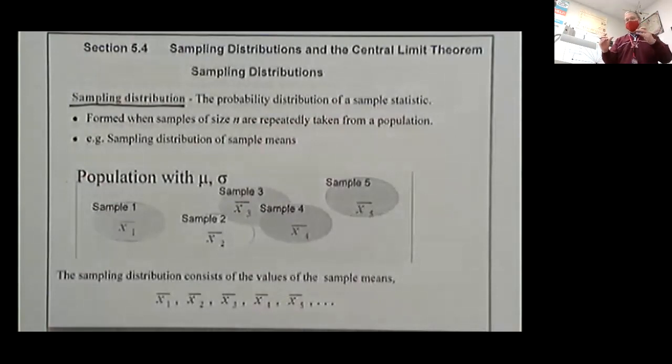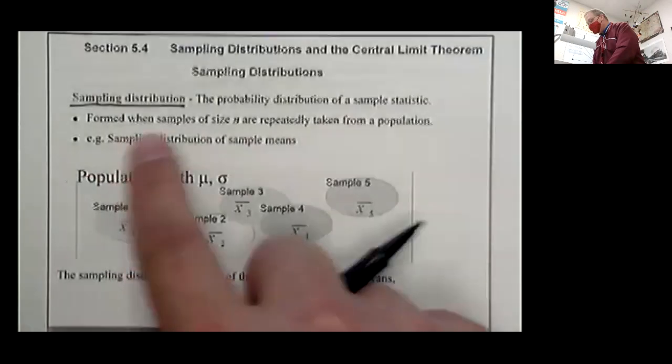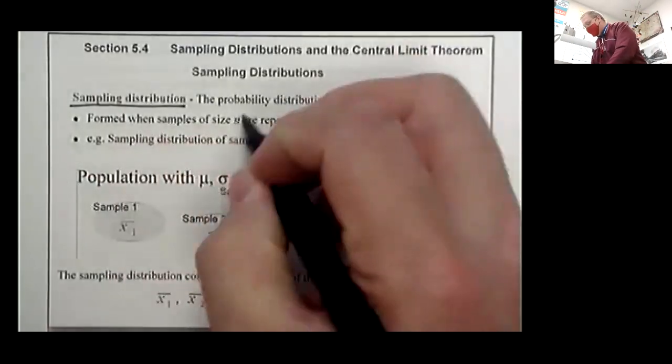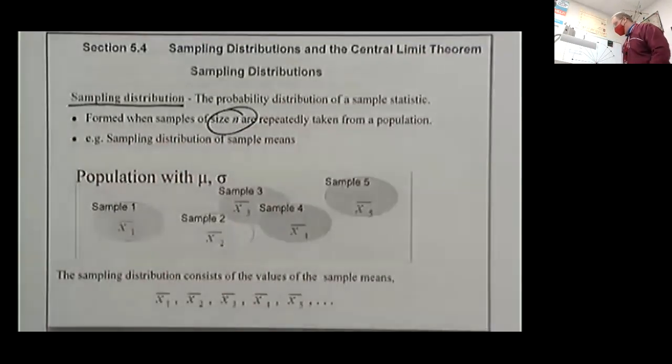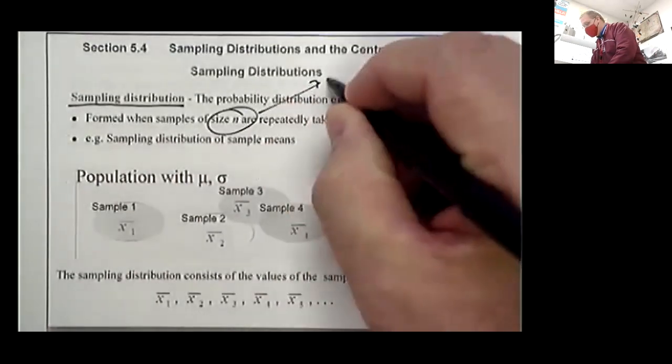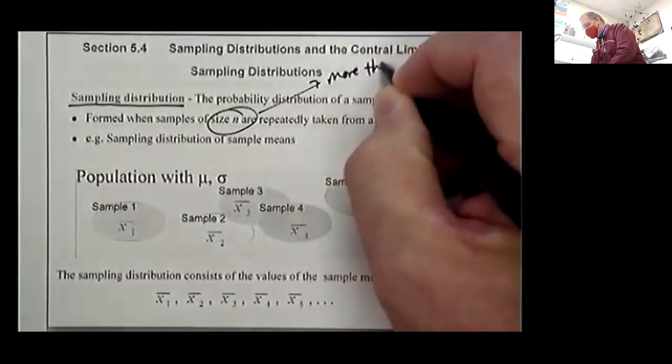So in the problem, when it says they pick 30 people, they pick 60 people, they pick 100 people, that switches from what we've been doing with normal distribution to a sampling distribution. This is formed when samples of size n are repeatedly taken from a population. So now we're looking at more than one.